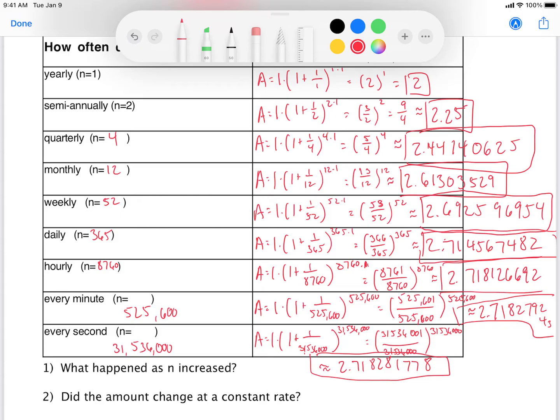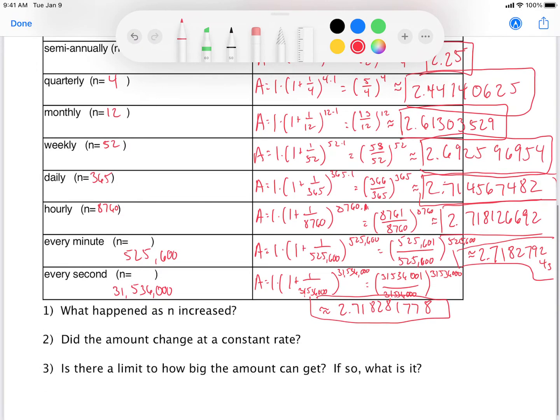So what happened as n increased? Well, as n increased, my amount increased, right? Every single time, no matter what, my amount increased. Okay. Now, it's kind of weird because it skyrocketed at first and then really slowed down.